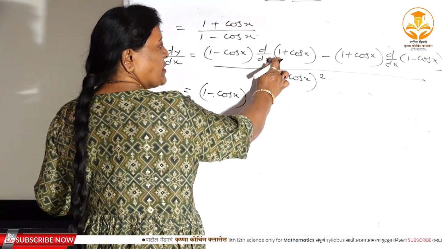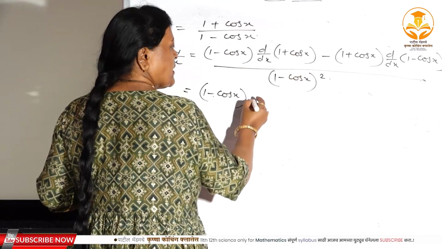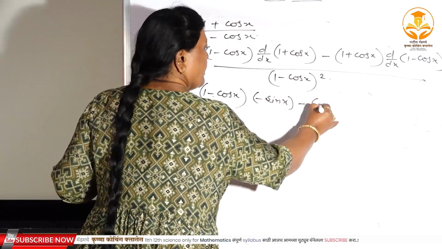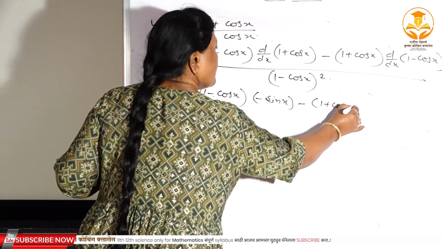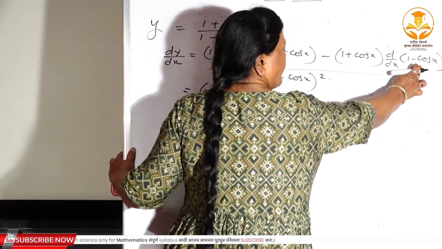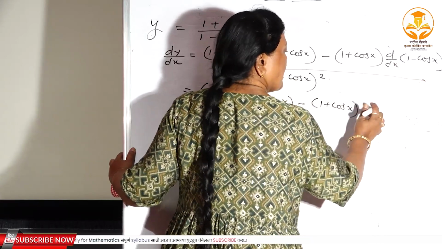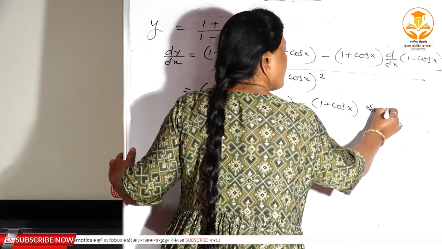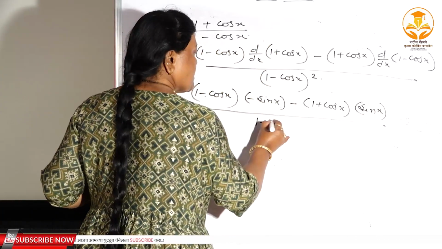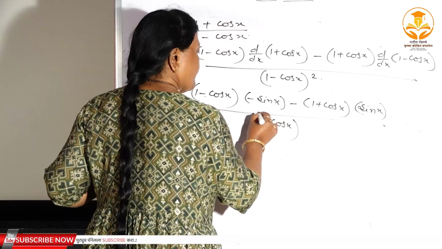The derivative of 1, 0. What is the derivative of cos x? That is equal to minus sin x. Right? Again, 1 plus cos x remain as it is. Again, the derivative of 1, 0 and the derivative of cos x, that is minus sin x. Minus minus plus sin x, isn't it? Divided by 1 minus cos x whole square.